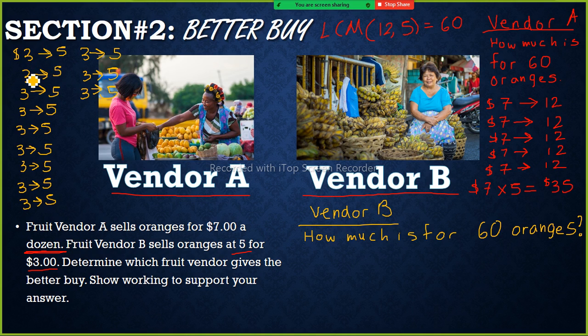So how many $3 do we need? We need 1, 2, 3, 4, 5, 6, 7, 8, 9, 10, 11, and 12. It's going to be $3 times what? Three times 12. Very good. So 3 times 12 is how much?